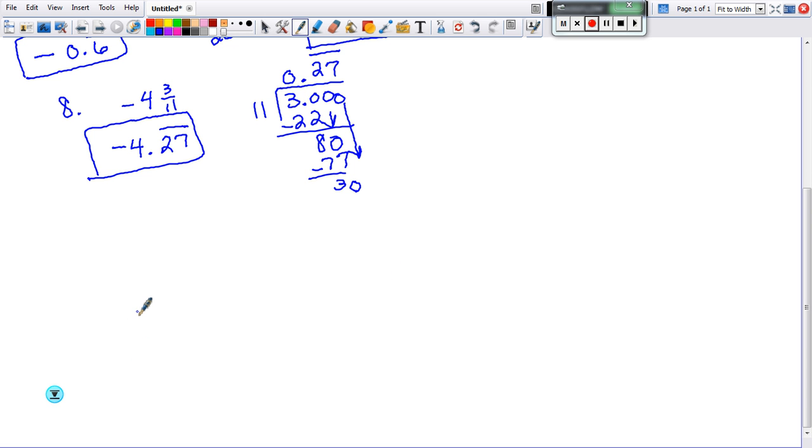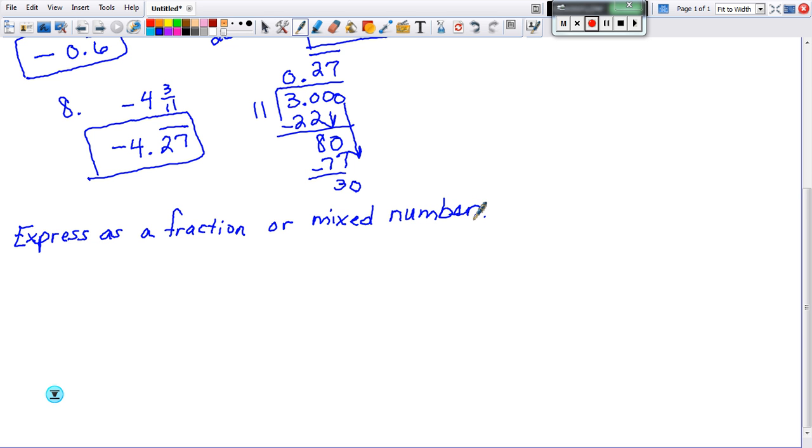Okay, now the other way around, express a decimal as a fraction or mixed number. This is where they give you a decimal and ask you to go the other way.